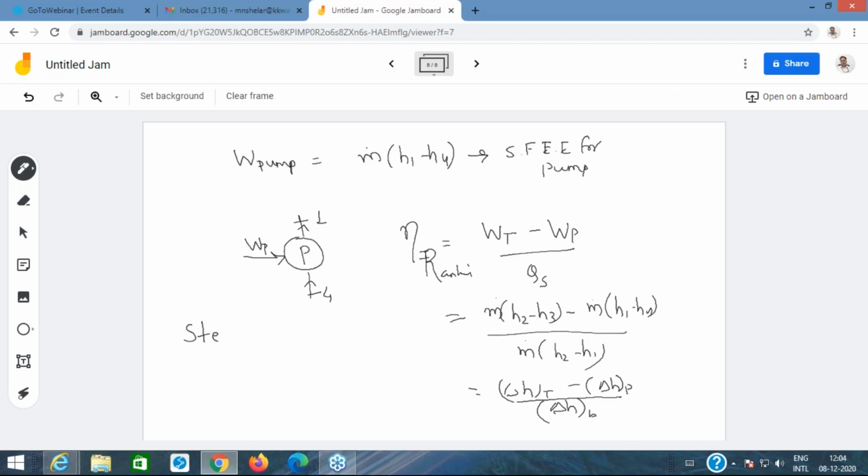There is another term called the steam rate, and it is defined as 1 upon Wt minus Wp.